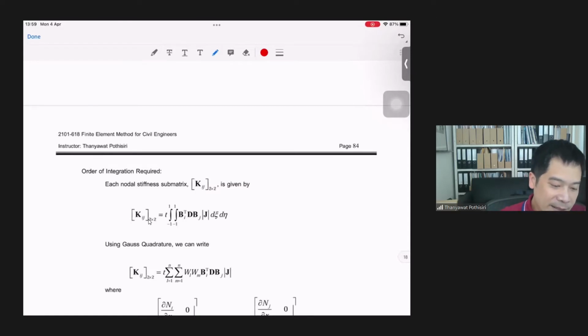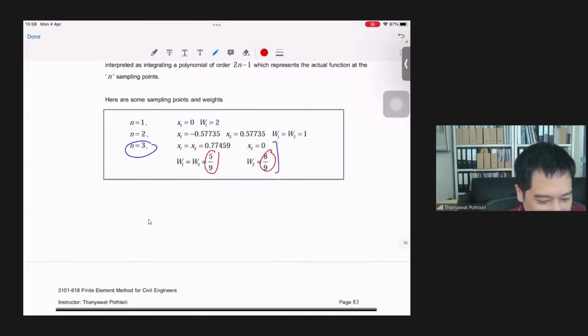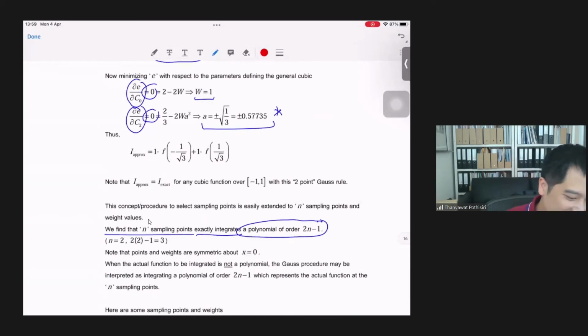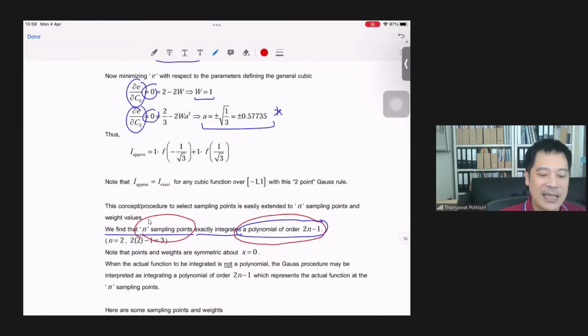All right. So now the remaining question is, how many sampling points do we need? Okay. As we mentioned before, if you use n sampling points, you can exactly integrate polynomials of order 2n minus 1, right?